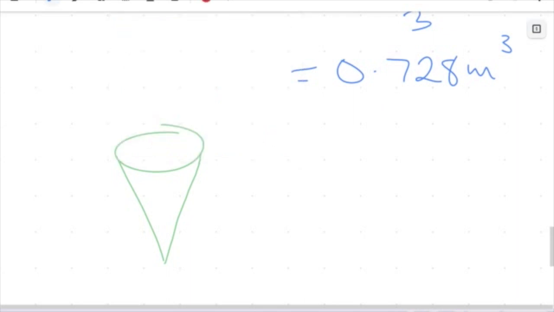If I extended this height down, and made a shape we've seen before, we're going to get a cylinder. Let's change this up a bit.